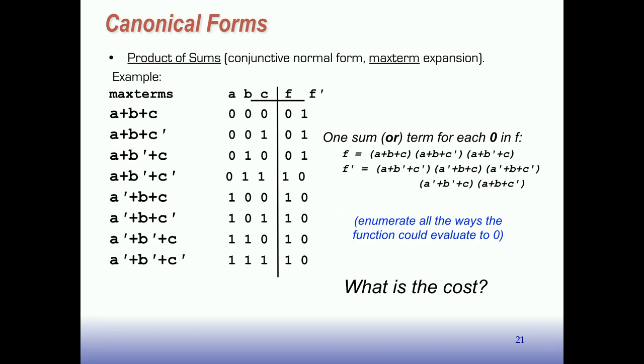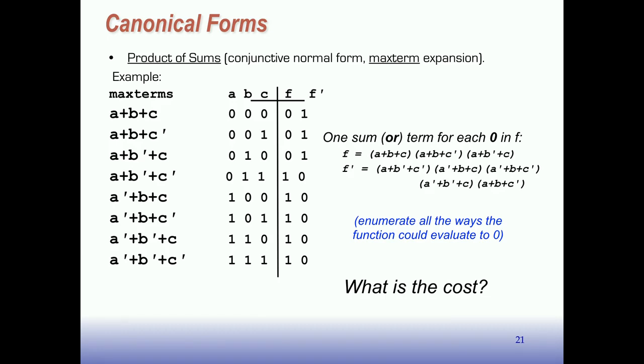Interesting to note here, in the dual form of this canonic form, the product of sums form, the f function is more compact, and in the sum of products, the f prime function is more compact. Which is another idea. It says you could choose your canonic form based on one being simpler. You could either do sum of products or product of sums if one's simpler than the other.